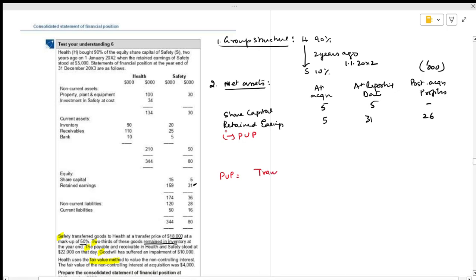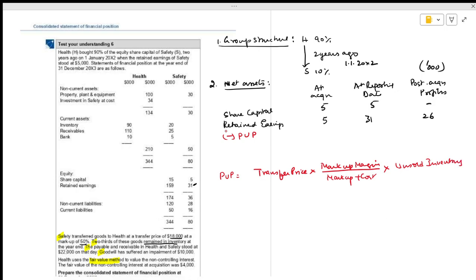Transfer price times the markup margin of 50%, divided by total cost, which is nothing but markup margin plus cost: markup plus 100%. Now, how much is the unsold inventory?